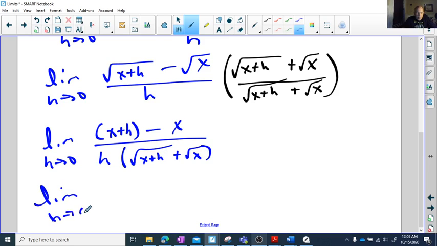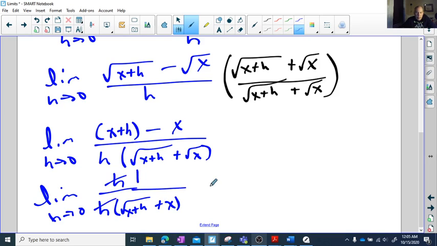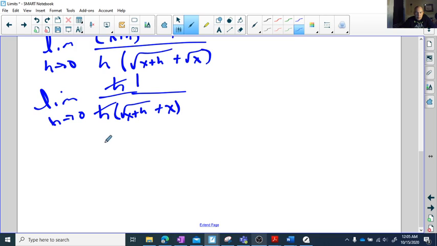H goes to 0 of x plus h minus x is just h over h. So again, anticipating what's supposed to happen and looking here saying perfect, that gets rid of that. And I now have, remember this formula is used to find slope. So now that I'm at the point where I can figure this out, the slope is 1 over, now remember h is going to 0.